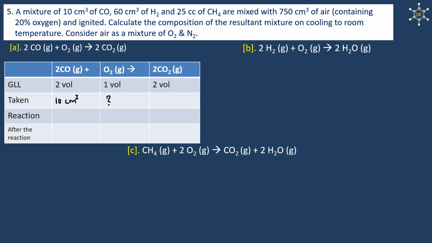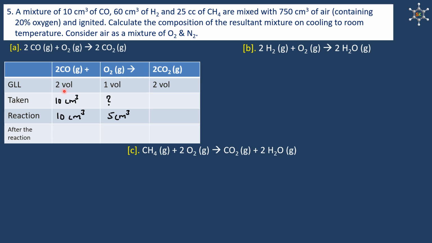Applying the unitary method, 2 volumes demand 1 volume of oxygen, so 10 cm³ demands 10 multiplied by 1 divided by 2, that is 5 cm³ of oxygen. The reaction is 10 cm³ of carbon monoxide reacting with 5 cm³ of oxygen.